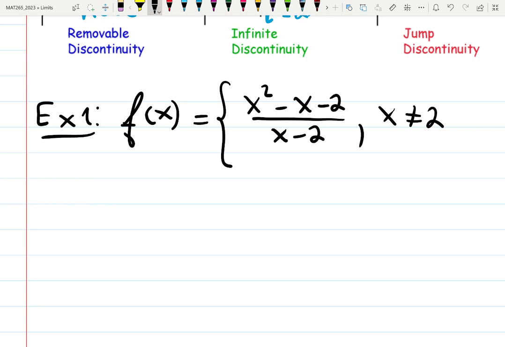So what happens when x is 2? Well, we decide to define it somewhere. Let it be 1. Because originally you could not define it, it's division by 0. So let's just make up some number, for example, 1. So everywhere else, it's a fraction of two polynomials. But at 2, it's just 1, a constant.